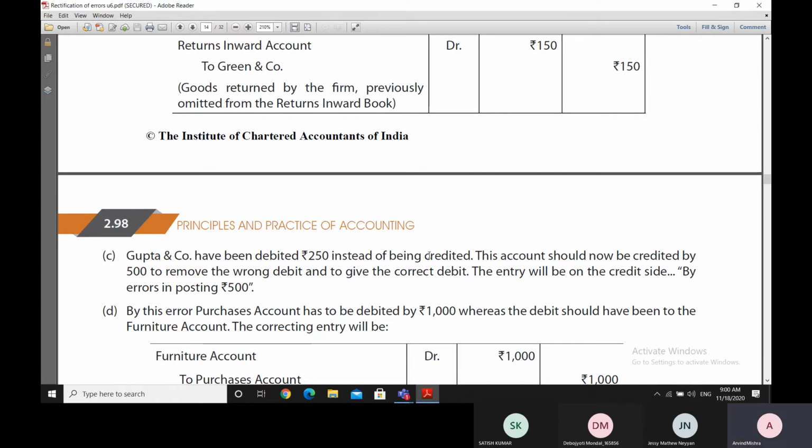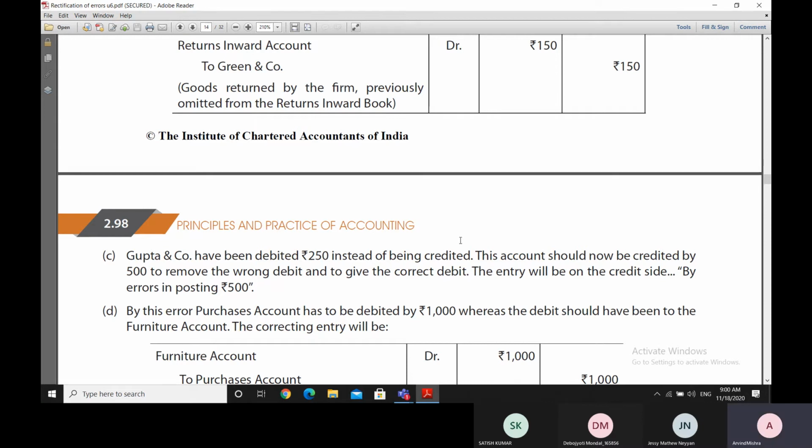Actually, Gupta and Company is the supplier and we are the purchaser, so we should actually be crediting him. So therefore, we need to credit him. So we'll make an entry on the credit side of 250. We'll credit Gupta and Company by rupees 250, and we write a statement there: by errors in posting, rupees 500.